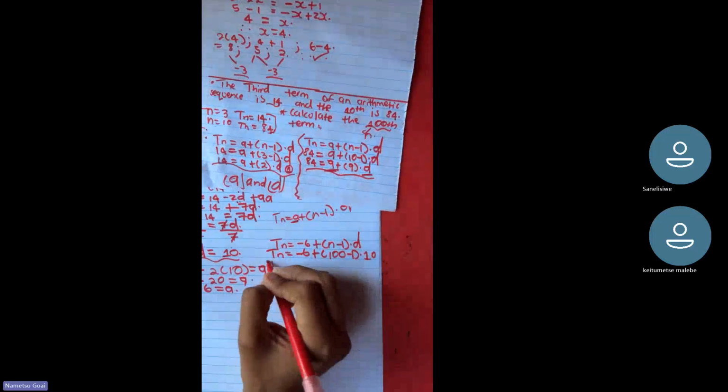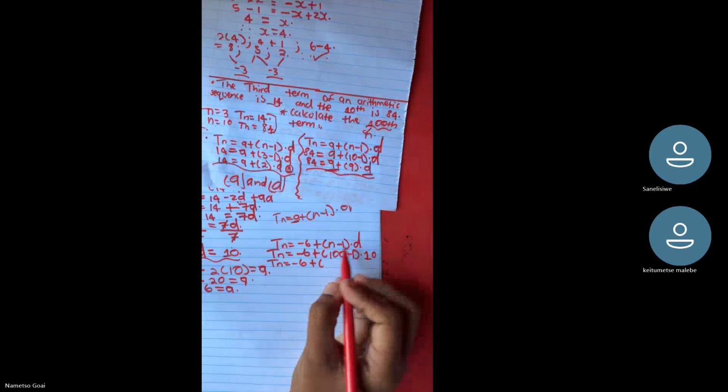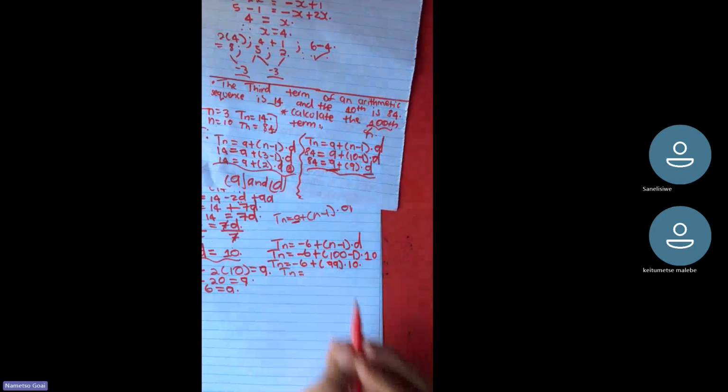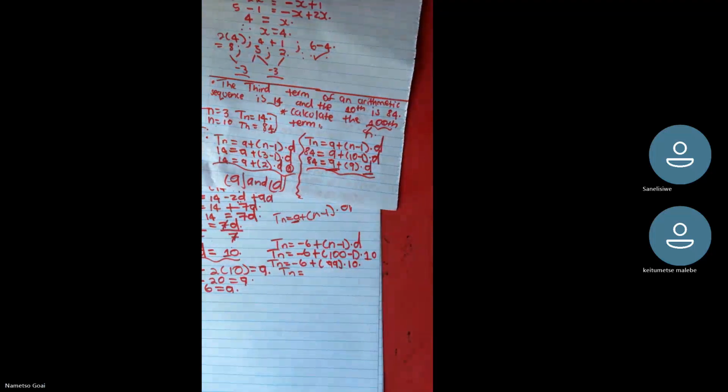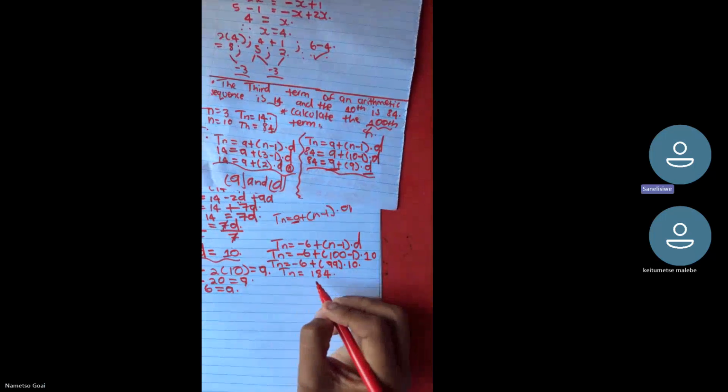Okay, 10. So Tn would now just be minus 6 plus 99 multiplied by 10. Can you put this into a calculator for me? 984.